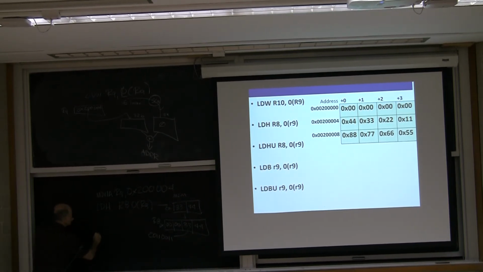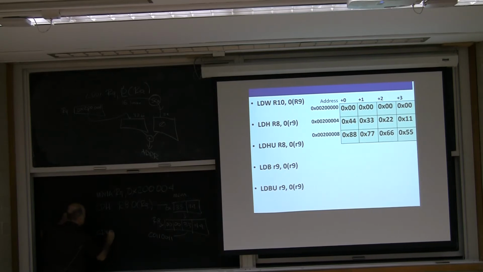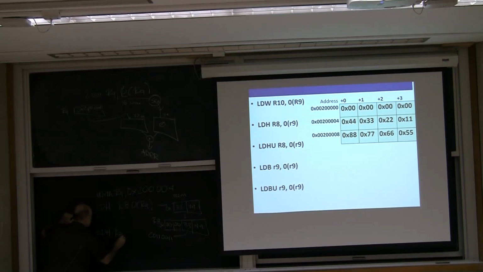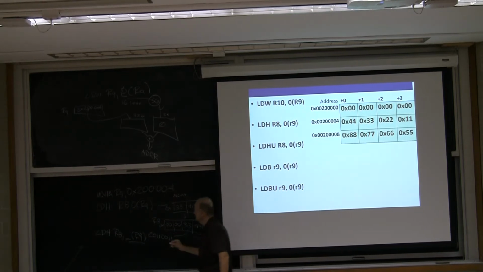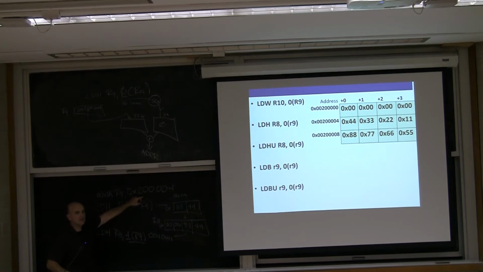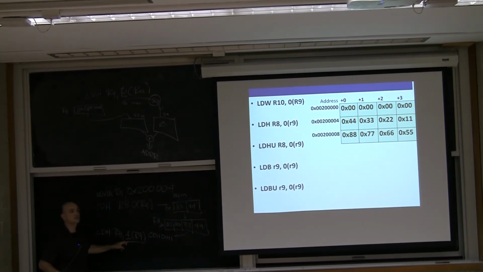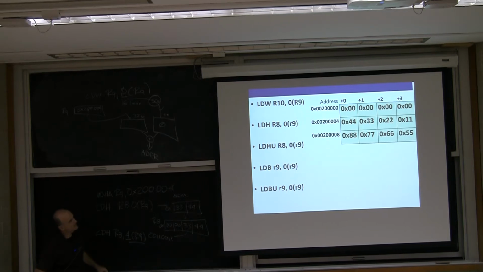Now, if we're following, however, load high R8. And let's pick a nice constant here. Let's pick this guy. So 4. Okay, what's going to happen is this. This is the value in R9, which is 200,004, plus 4, 200,008. This example is not very good.